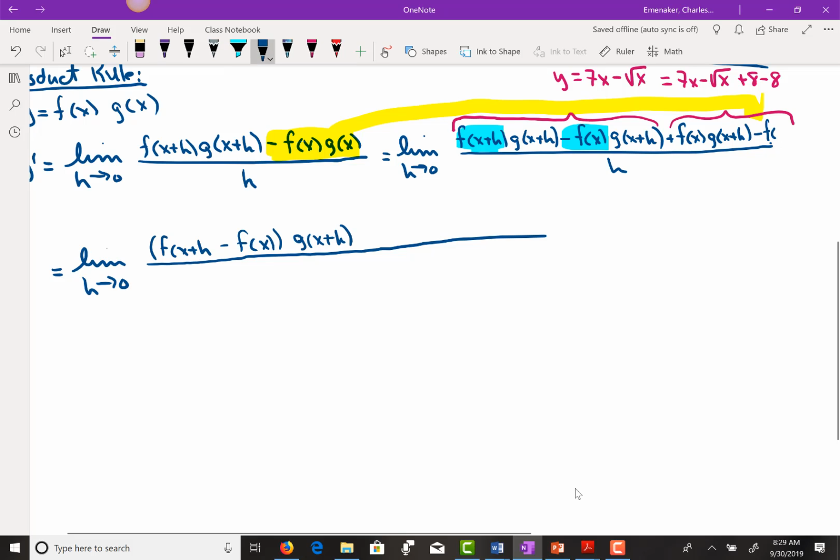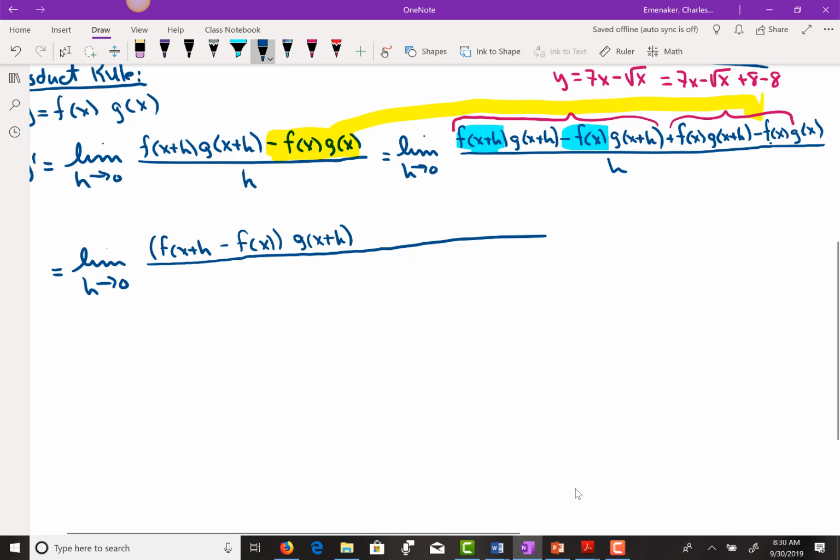Looking at the last two terms, I'm going to rewrite this as f of x, g of x, which is what it really was before I ran out of space. On that second group of terms, do you see that each of them has an f of x?